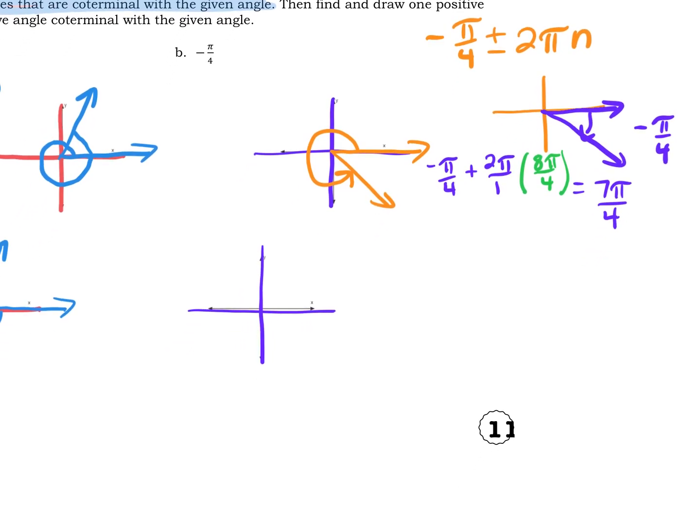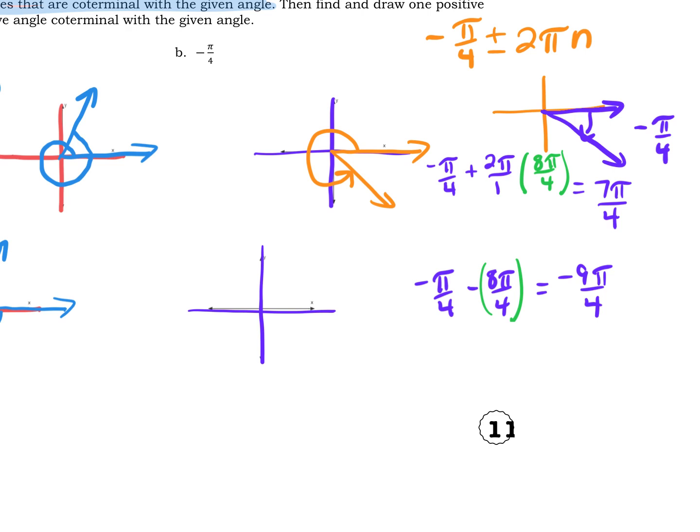Okay. All right, the other way we can think about this, that was adding 2 pi, so now let's subtract 2 pi, or what's equivalent to 2 pi, and I'm going to just put the 8 pi over 4 here now, because you know where that came from. And we find that negative 9 pi over 4 is also coterminal.